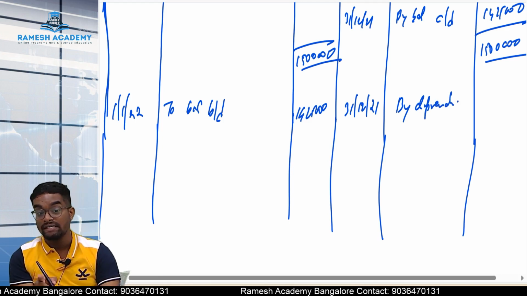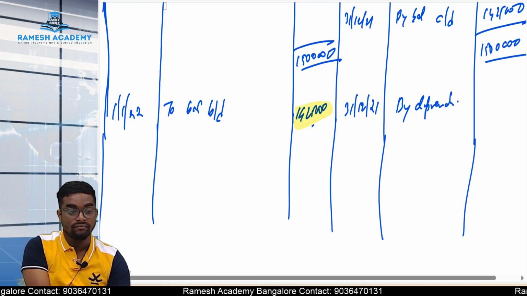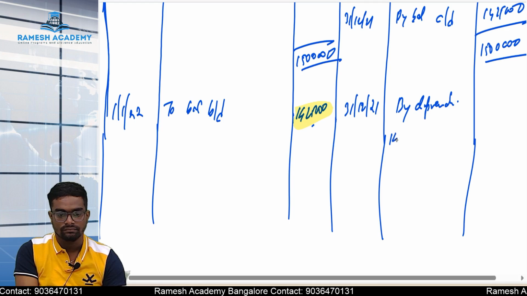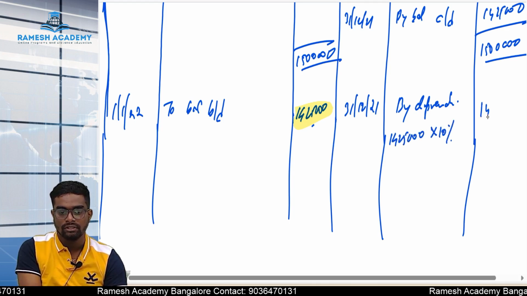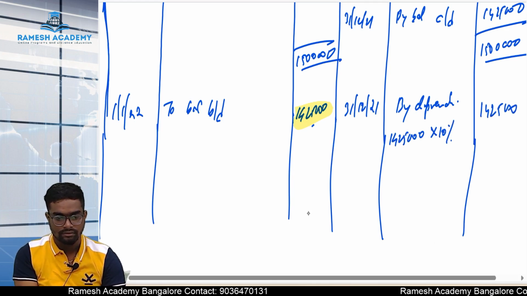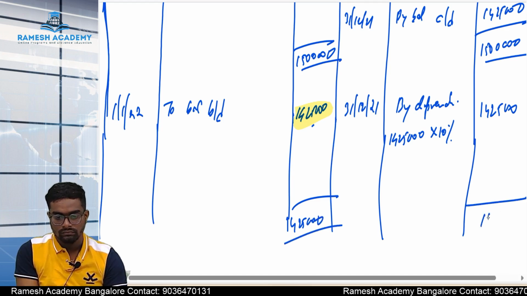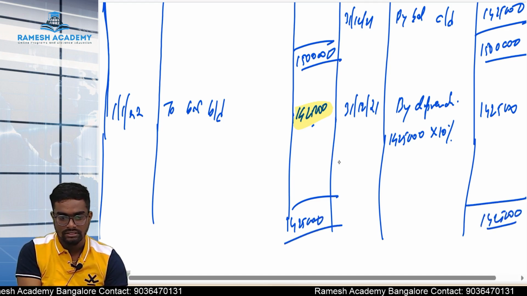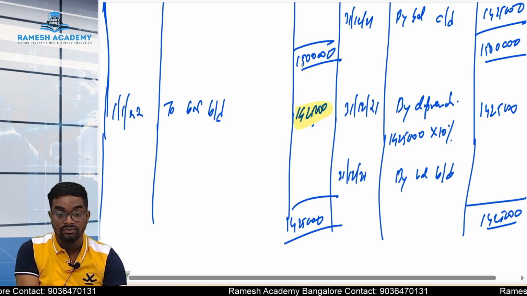depreciation. Now what is the written down value here? 14 lakh 25,000 into 10%, which is 1 lakh 42,500. So now, the written down balance. So 31st December 21, by balance carried down, then brought down.